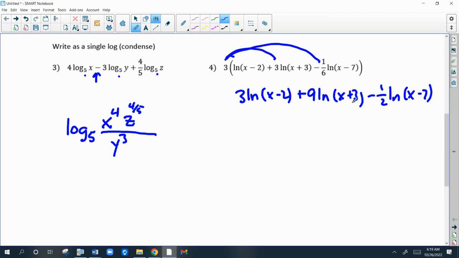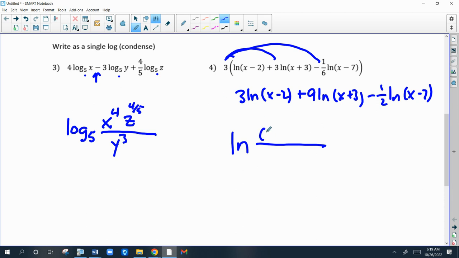The x minus 2, the x plus 3, and the x minus 7 keep as one expression. Again, you can't distribute a natural log. That doesn't make any sense. So we're going to condense this to one log. In this case, it's natural log. The x minus 2 will go up top because it's a positive 3 natural log.